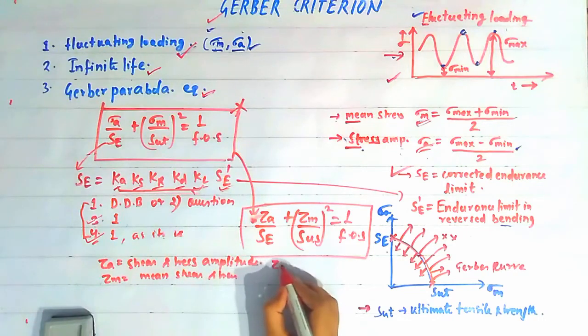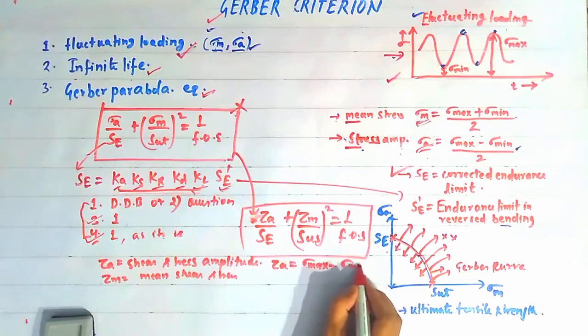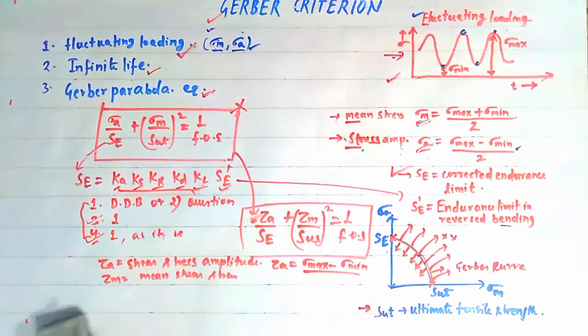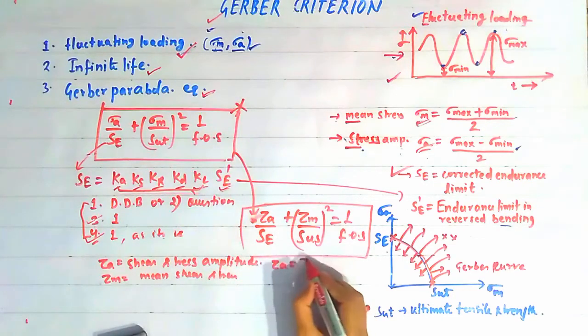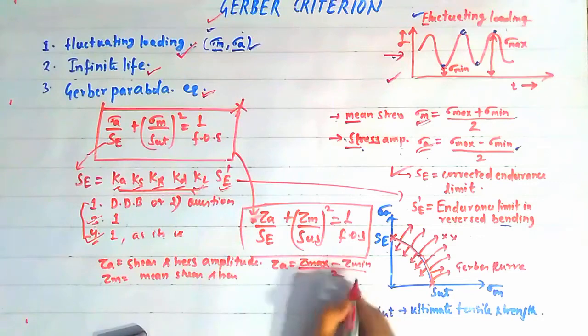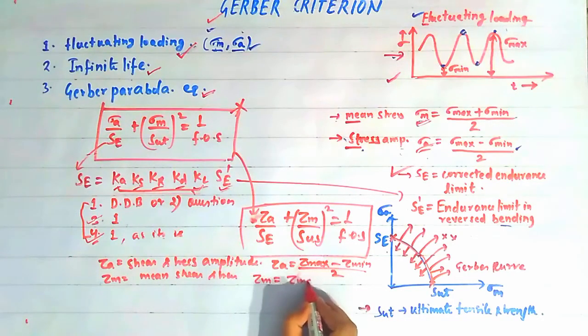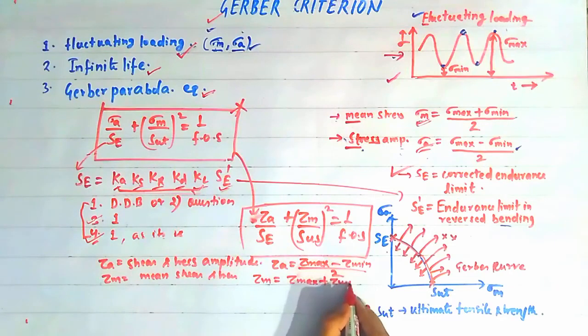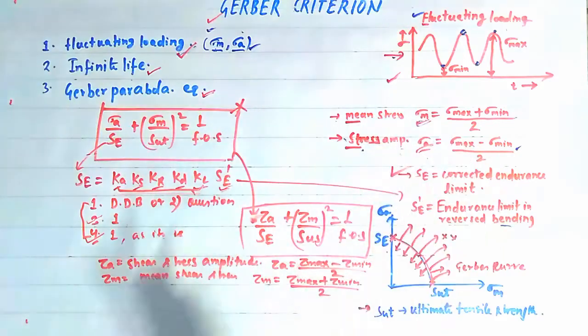Tau a is given by tau max minus tau min divided by 2, and tau m is given by tau max plus tau min divided by 2. That is in the similar fashion that we found sigma m and sigma a.